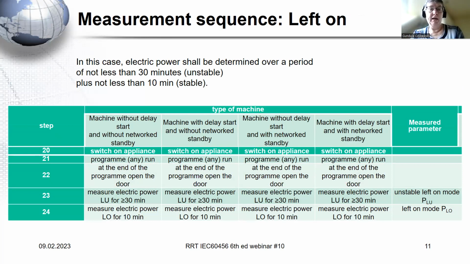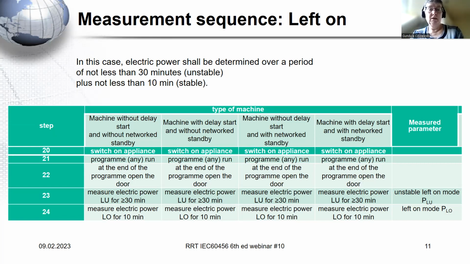So you switch on the appliance, you program any run, and at the end of the run, means the machine should really do a program, you open the door, because that would be normal behavior in the household. You would like to unload. And then the electric power is measured in the so-called left on mode unstable for about 30 minutes, taking into account that maybe during this period of time already the machine automatically goes to off mode, but the measurement should last for 30 minutes.